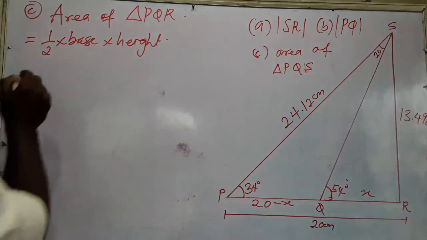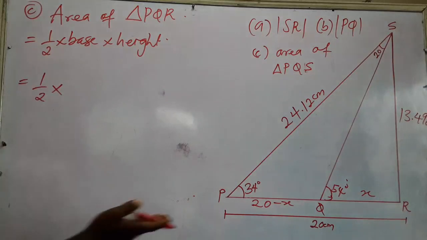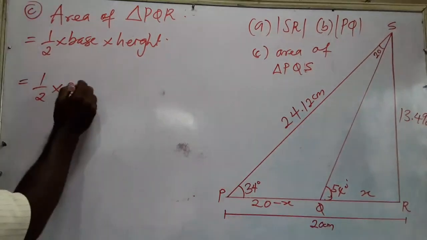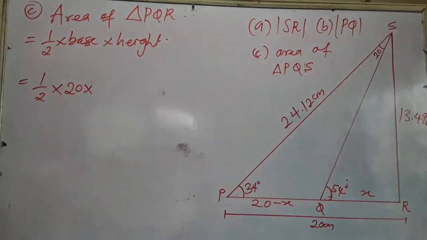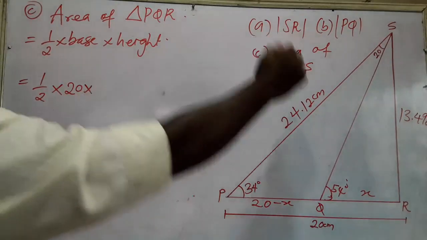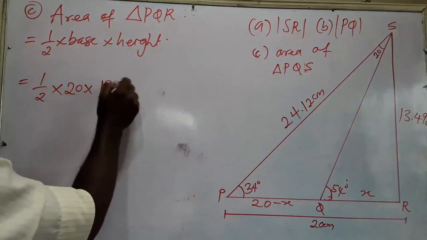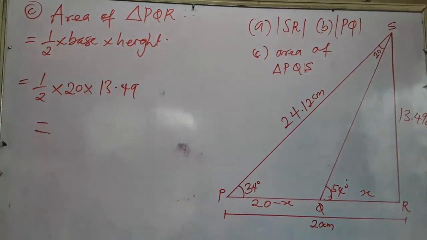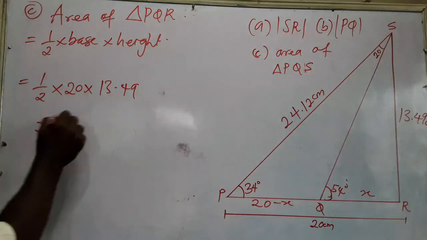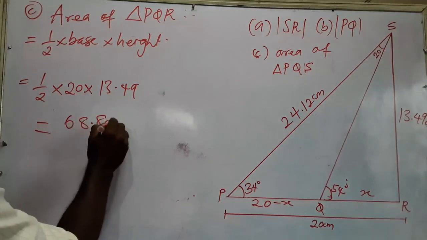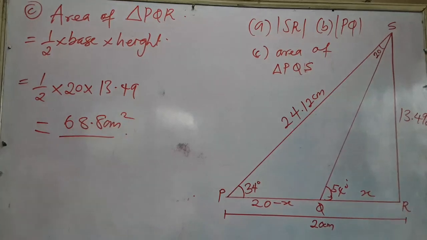It is half times 20, and what is our height? Our height is XR, which is 13.49. So by the time we press it in the calculator, it surely gives us 68.8 centimeters squared.